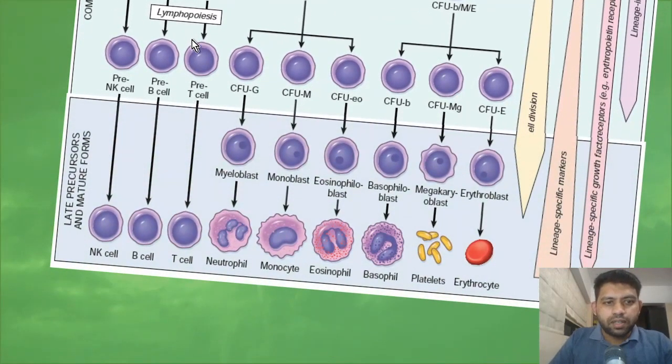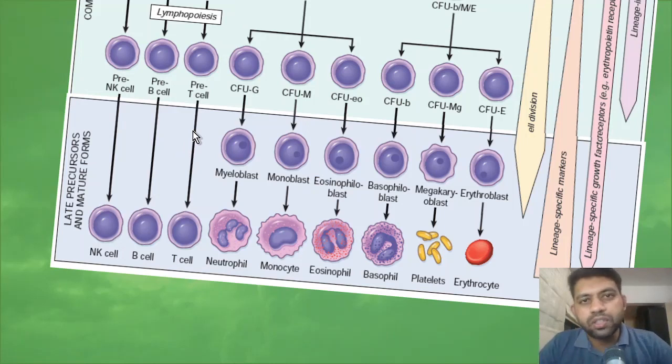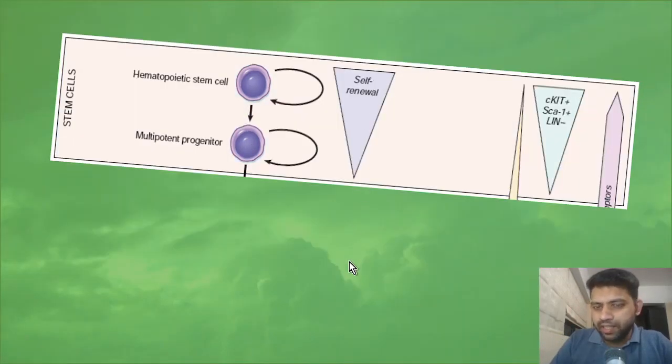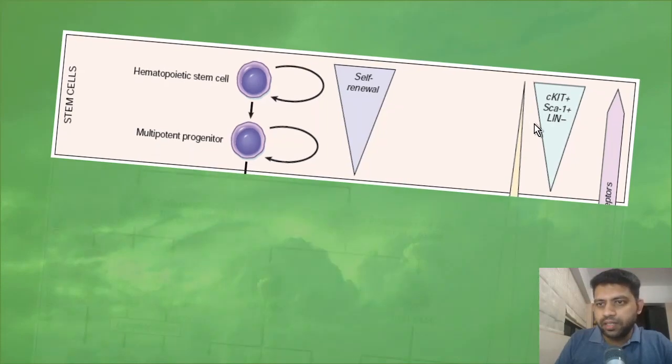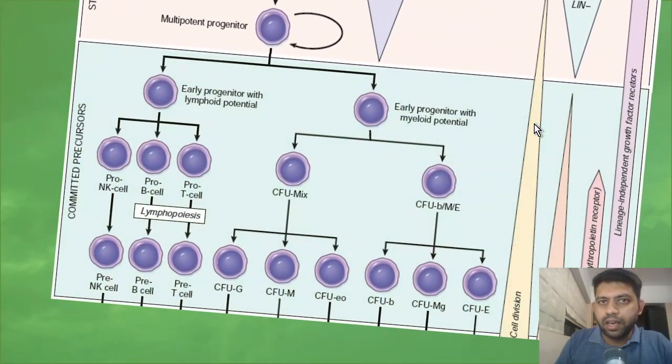And lymphopoiesis will end up in forming natural killer cell, B cell or T cell. Then myelopoiesis will end in neutrophil, monocyte, eosinophil, basophil. The self-renewal capacity decreases as we go down, and the ability to replicate or cell division increases as we go down.